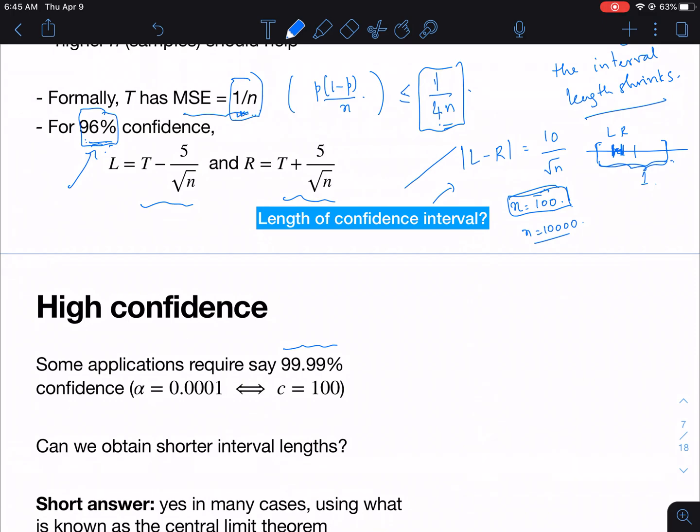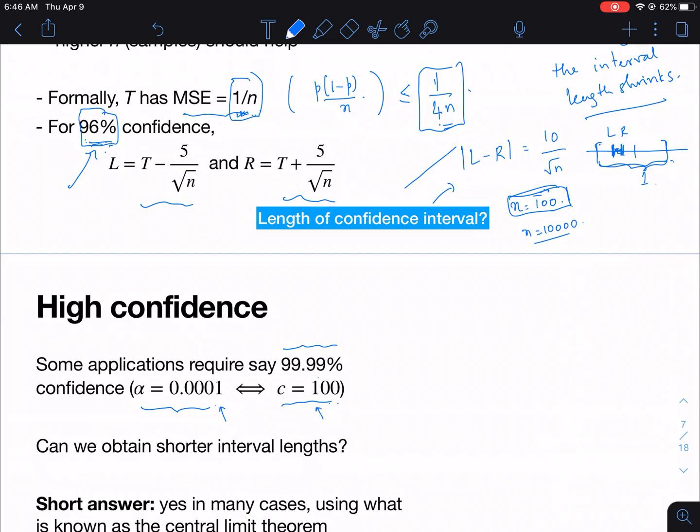Now, if I were to plug in, for example, 99.99%, that's like saying alpha equals 1 by 10,000, and that's like saying C equals 100. So I'm plugging in alpha equal to this value, and that corresponds to C being 100.